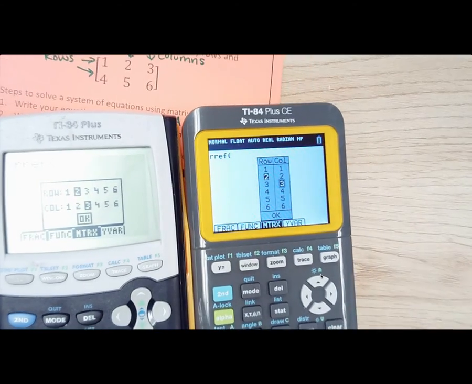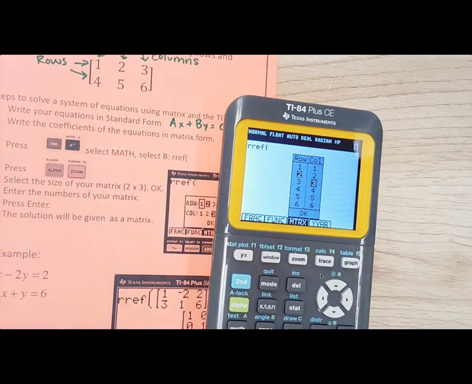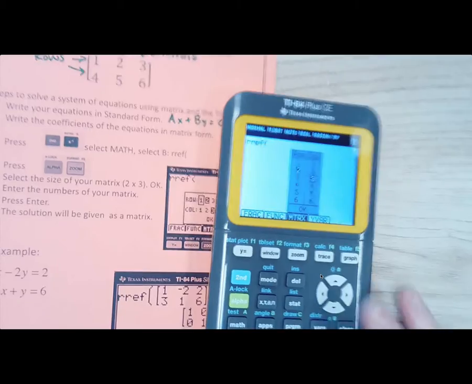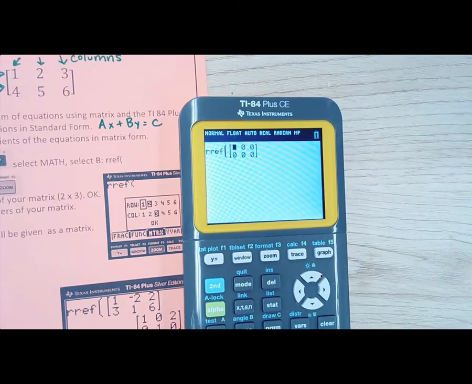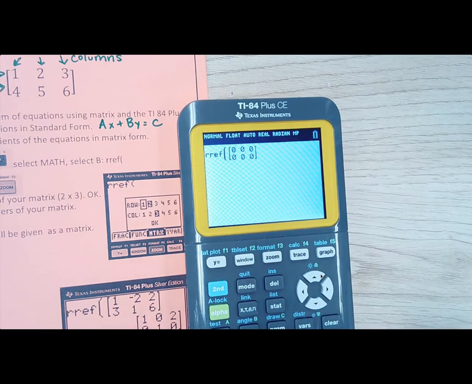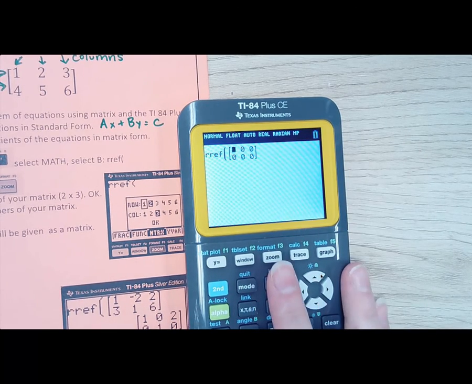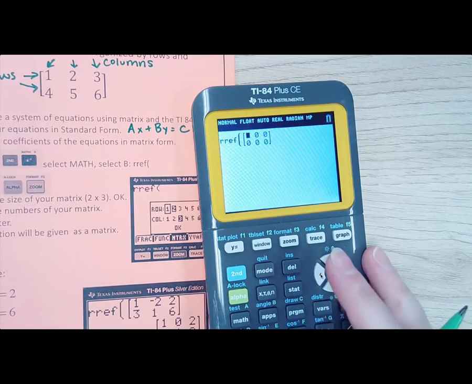Either calculator will work the same way. Can you explain this again? Then you're going to go down to where it says OK and push OK. Now it opens up a matrix, and it has zeros in each one of those spots. Mine's not going over.